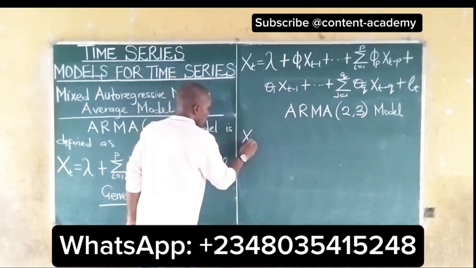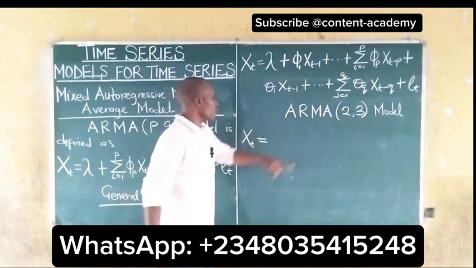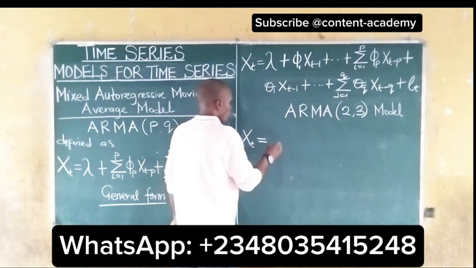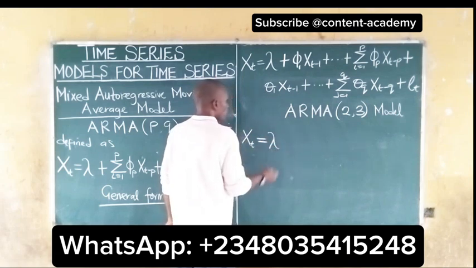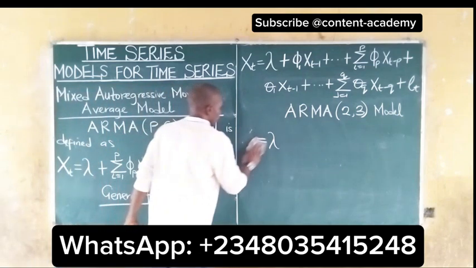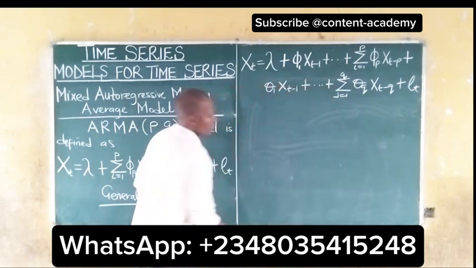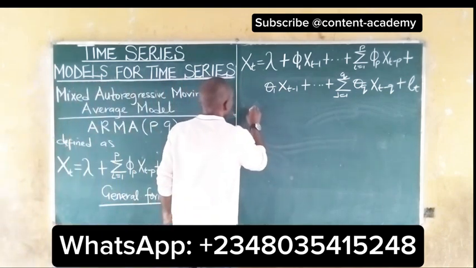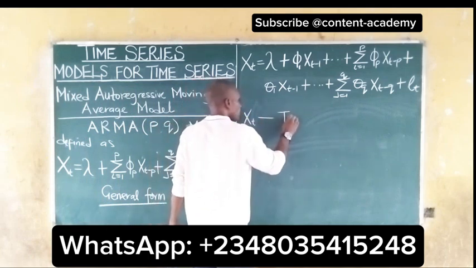We say S_t is equal to the autoregressive part, which we put first. Sorry, we have to define the parameters first. Let's define the parameters before we do that. Now, S_t is our time series values.